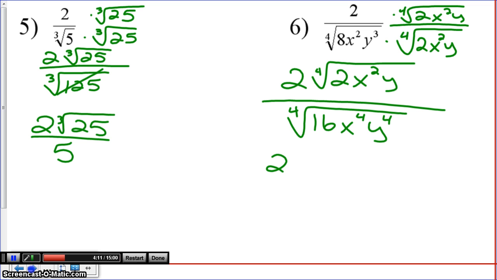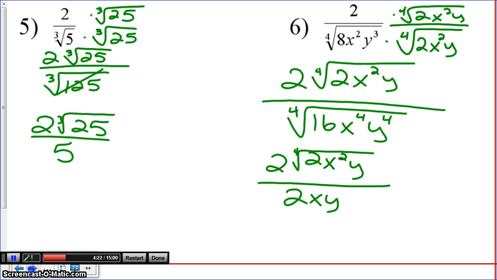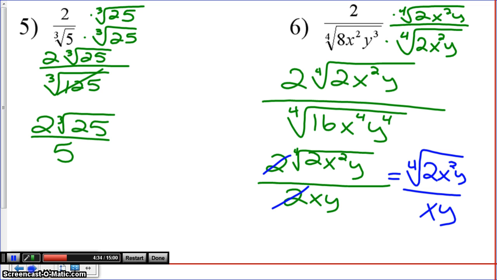So 2 times the 4th root of 2x squared y in the numerator. In the denominator, I have 2xy. I can reduce one more time. The 2's cancel out. And there's my simplified answer.